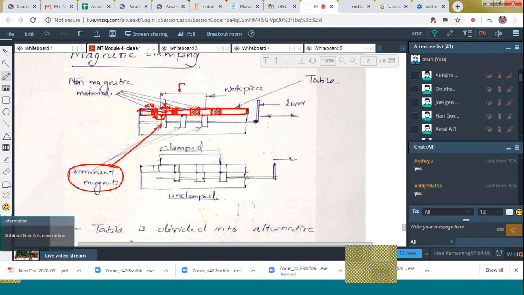If the workpiece is a magnetic item, it will be held by this permanent magnet. When I move this lever like this, you can see that all these permanent magnets are broken by means of this non-magnetic material. What happens to the workpiece? It is released. It is unclamped. Am I right?